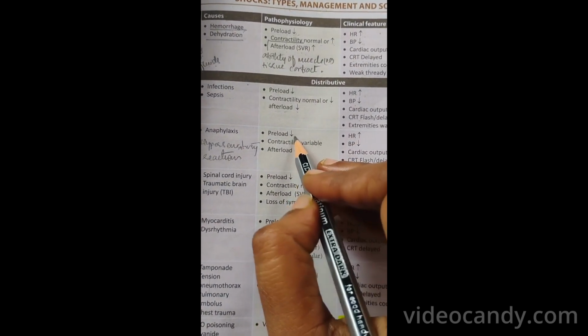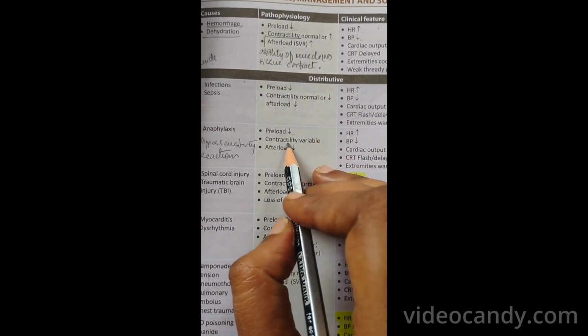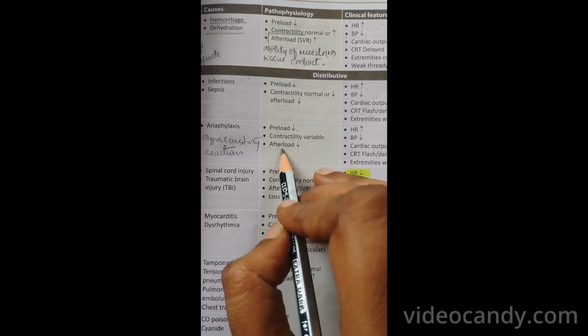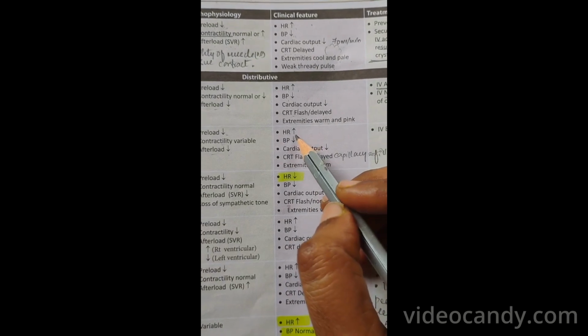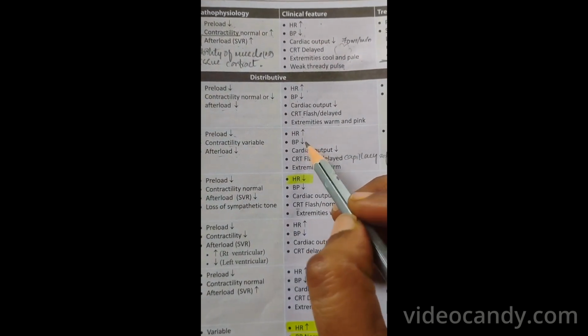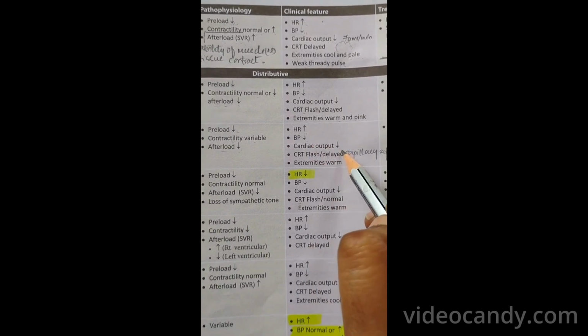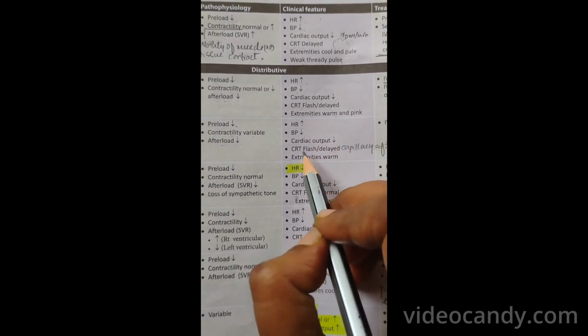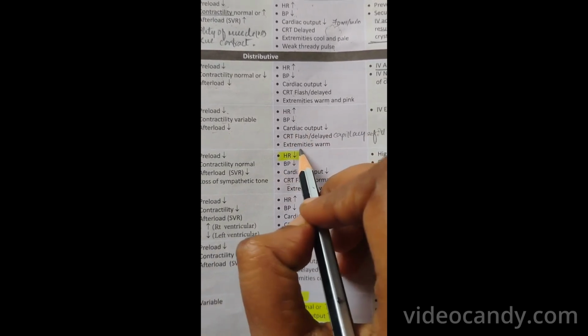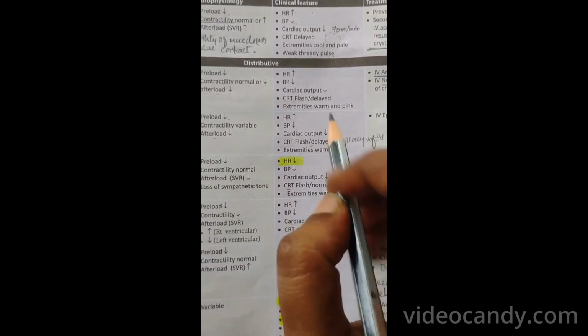Pathophysiology: preload decreases, contractility variable, and afterload also decreases. Here heart rate increases, blood pressure decreases, cardiac output decreases, capillary refill time delayed or flushed, and warm extremities we can see.